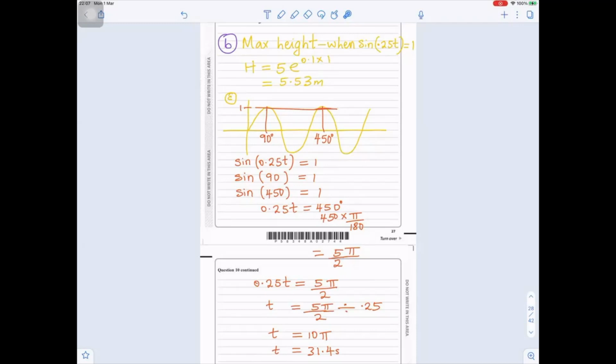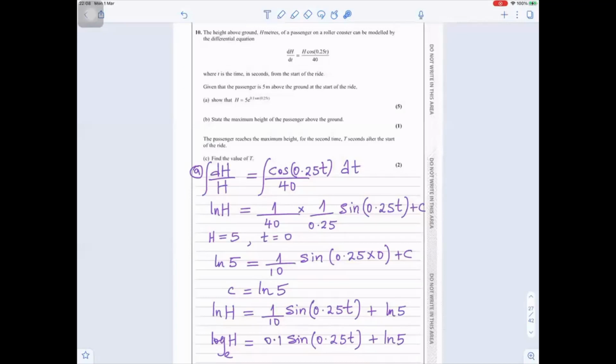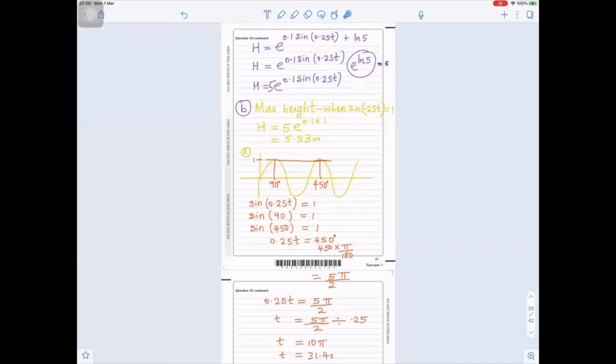So you want to change degrees to radians, you multiply by pi over 180. So 0.25t is equal to 5 over 2 pi. You take the 0.25 to the right, you divide by 0.25, and t is equal to 10 pi. 10 times pi is 31.4 seconds. That's question 10A. Question 10B and C.